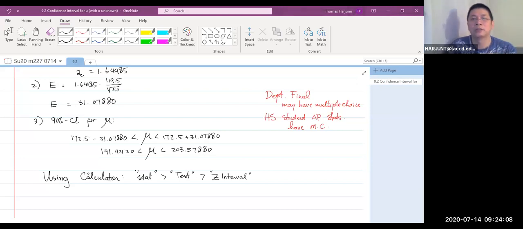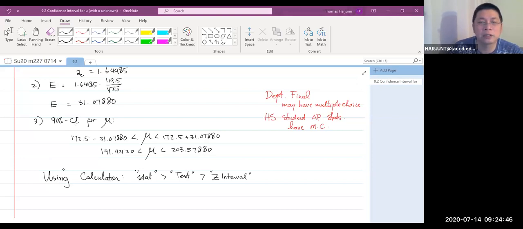Press enter. Then they will ask you for two different inputs. If you are given the raw data, you use data, but here the input will be stats. Now, the sigma is 119.5. Sample mean is 172.5. Sample size is 40.